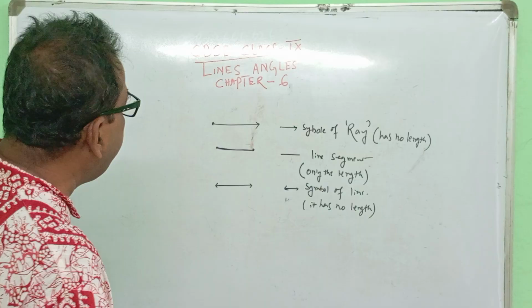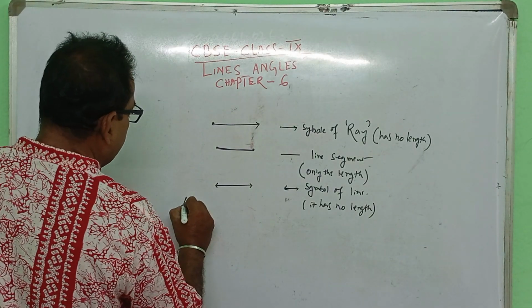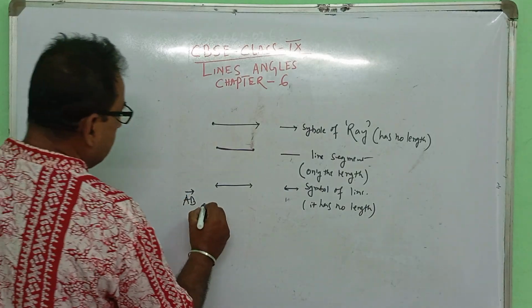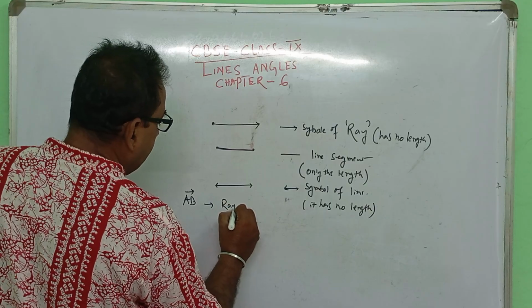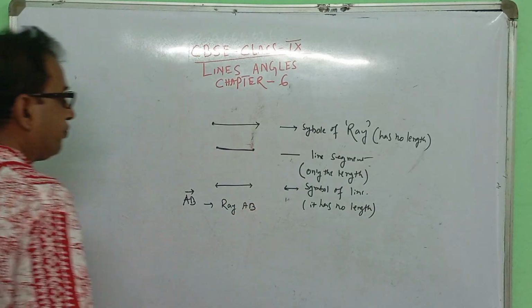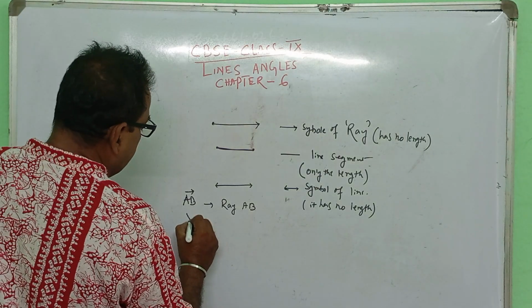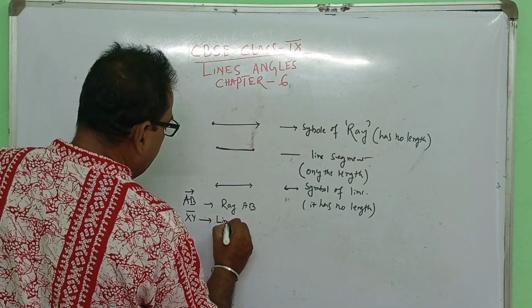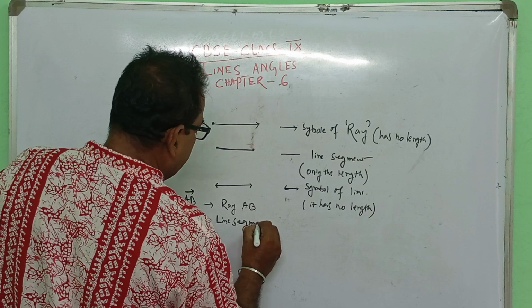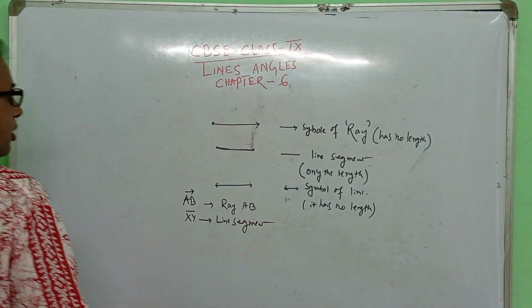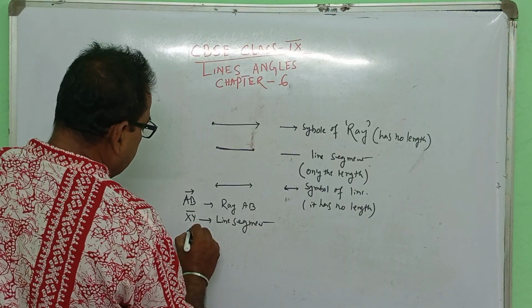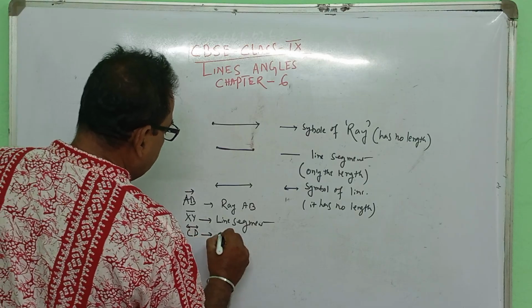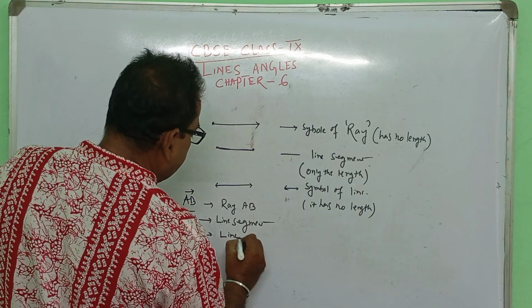So to represent different things, like if we put AB with this sign, we say ray AB. If we put XY, this is a line. If we put CD, then it's a line segment.